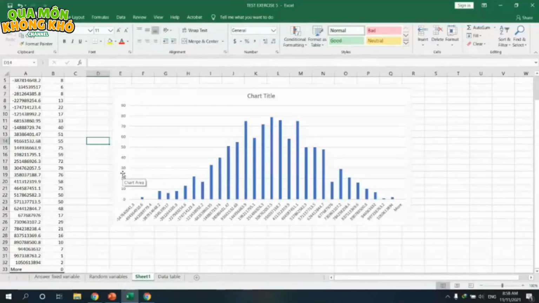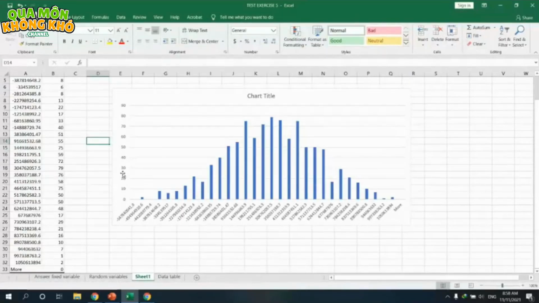And when you go to the tail, the value of the frequency will go down very low, and it looks like a density distribution function.